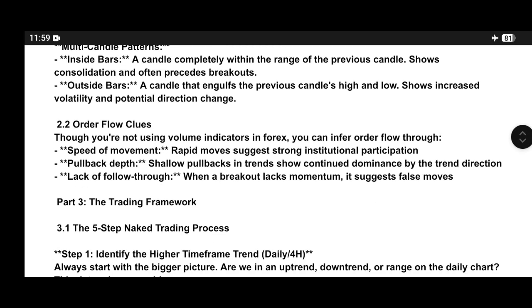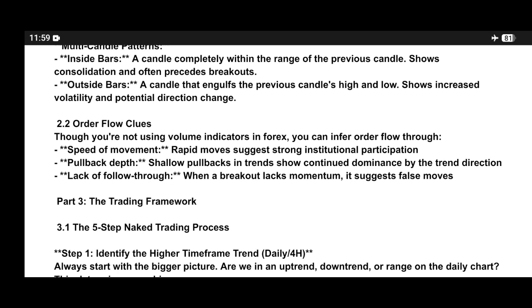Then we have order flow clues. Though you're not really using indicators in Forex, you can infer order flow through, 1, speed of movement. Order flow clues help you know where most of the money moves in the market, where most traders place their trades.